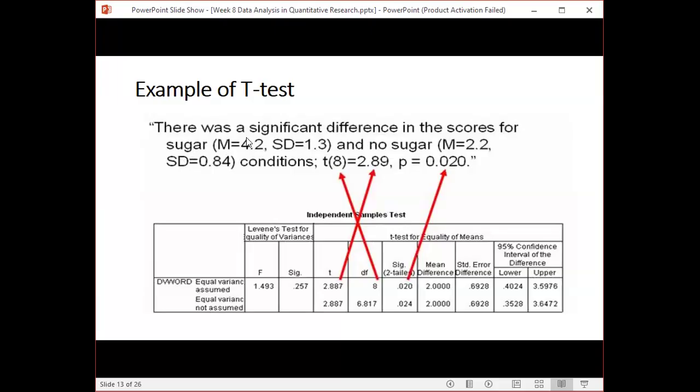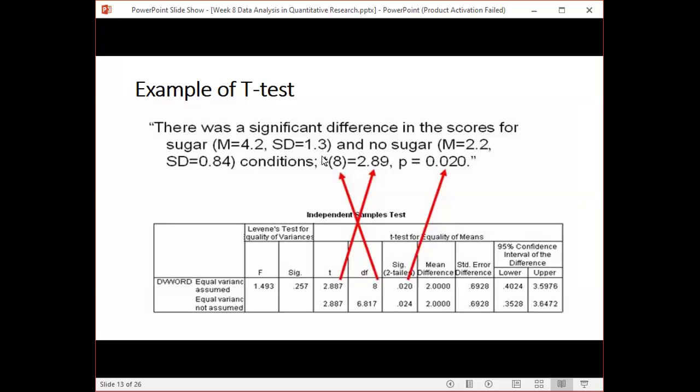So the mean was 12.2, standard deviation was 1.3, and no sugar, right? So between sugar and no sugar, these are what we are trying to test. Are the means the same or different? So the mean for sugar was 4.2, the mean for no sugar was 2.2. Okay, and so we want to test.